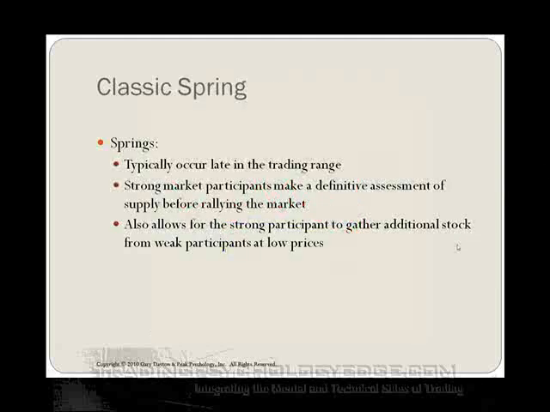All right. In the classic spring that Evans originally described back in the 1950s, he found that springs occur typically late in the trading range. There would be a large amount of accumulation that occurs, and either there would be a shakeout or a spring. Spring being a milder form of a shakeout in that particular instance.